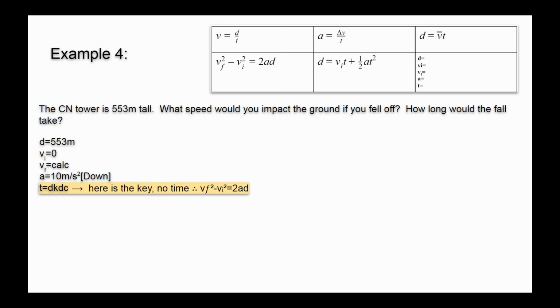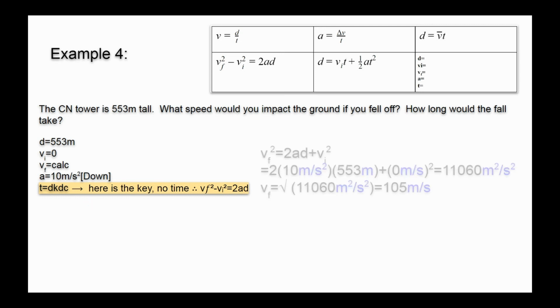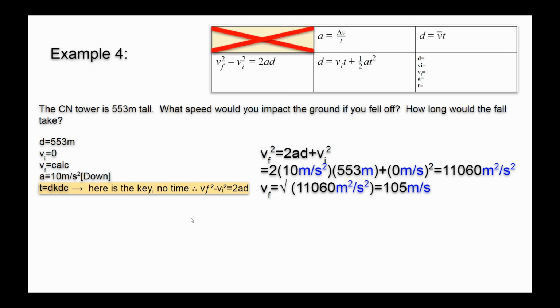The first part, because there's no time, the only way to get the final speed is to use the time-independent equation. So we put it together, rearrange, pop in our numbers, we get 105 meters a second is the final speed. Okay? Now, what can we do to solve for time?